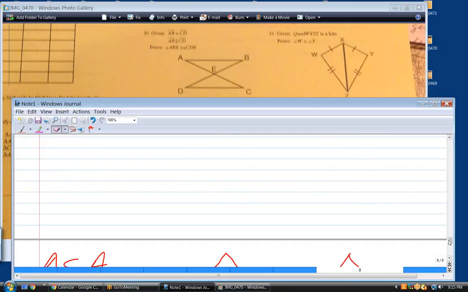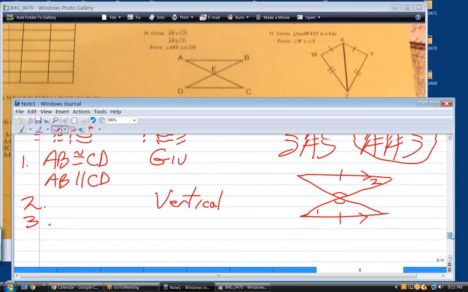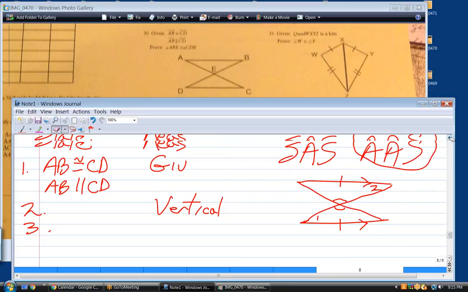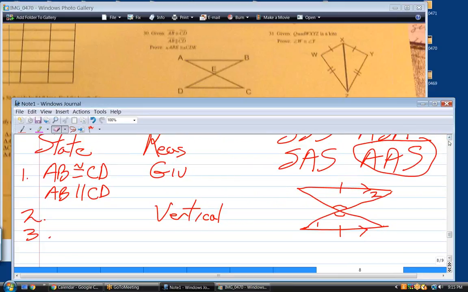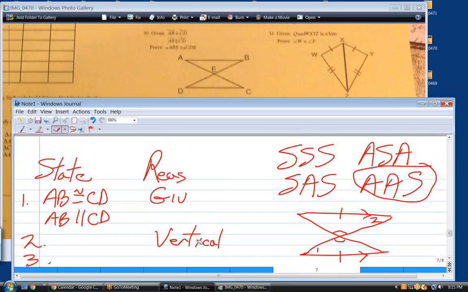Back to our two-column proof. So I'm trying to find one of these four reasons to make these triangles congruent. Well, I know that angle 1 is equal to angle 2. First of all, let me number these so I don't have to use letters.